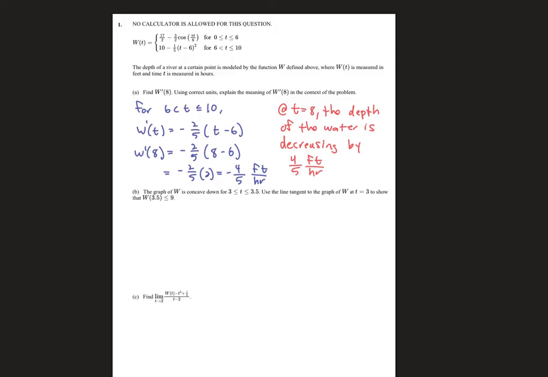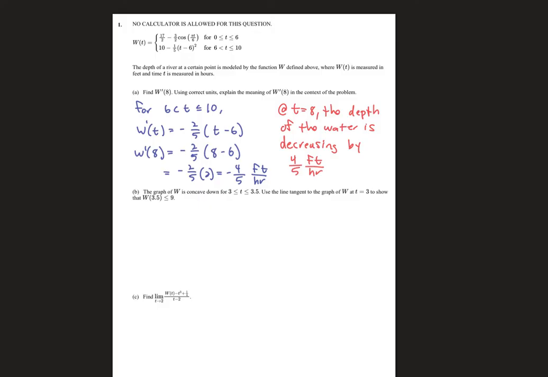Okay, part B says the graph of W is concave down between 3 and 3.5. Use the tangent line to the graph of W at T equals 3 to show that W at 3.5 is less than, really less than or equal to 9. Okay, so let's just find the tangent line approximation. That's really like the linearization concept that we'll use.